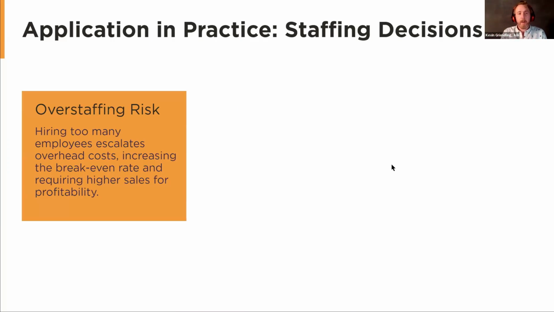Are we hiring too many administrative employees? Are we hiring too many project employees and not enough administrative employees? Do we have so many employees that they're not being utilized enough that we're able to realize the full value of the employees we have? So the break-even rate.